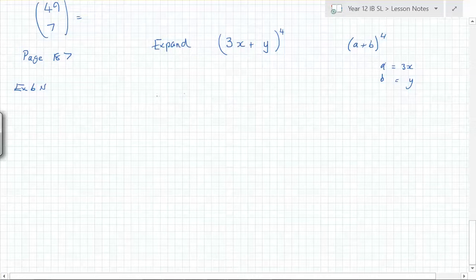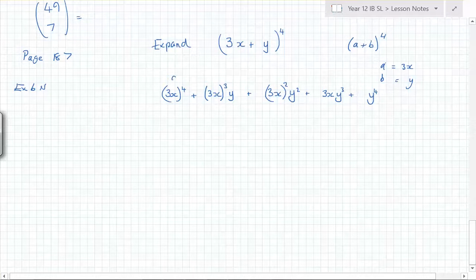So what's the first term of this expansion? a to the power of 4. So it's actually (3x) to the power of 4, plus (3x) to the power of 3 times y, plus (3x) to the power of 2 times y squared, plus 3x times y cubed, plus y to the power of 4.